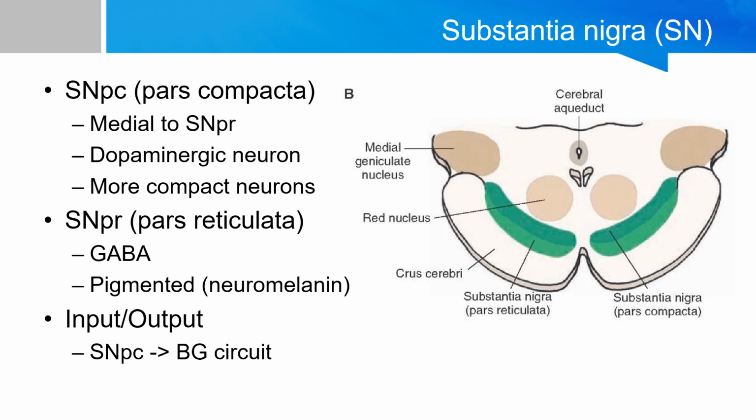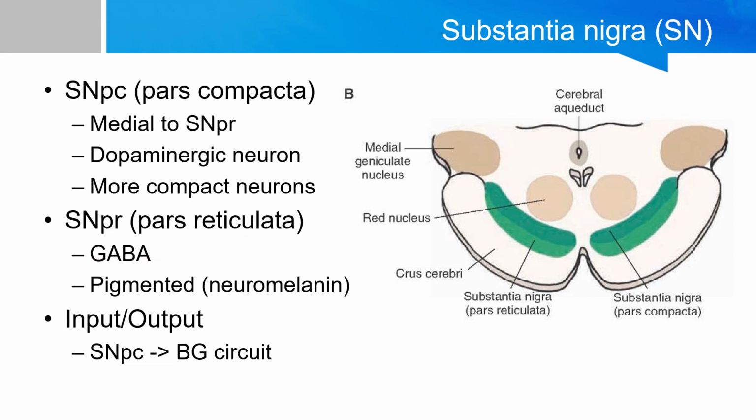The neurotransmitters used by the two parts are different as well. The pars compacta is the dopaminergic system that controls the direct and indirect pathways, and the pars reticulata uses the GABA system.